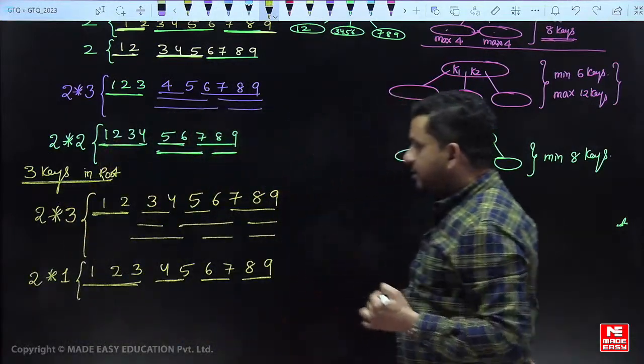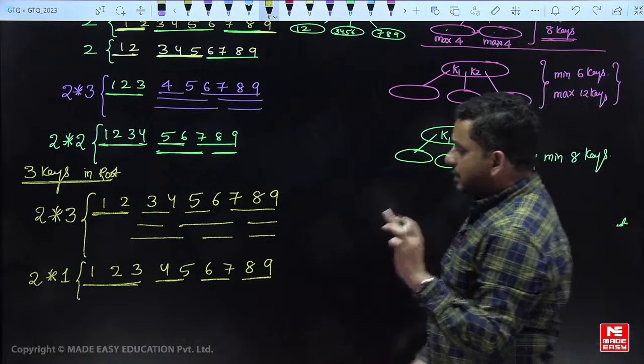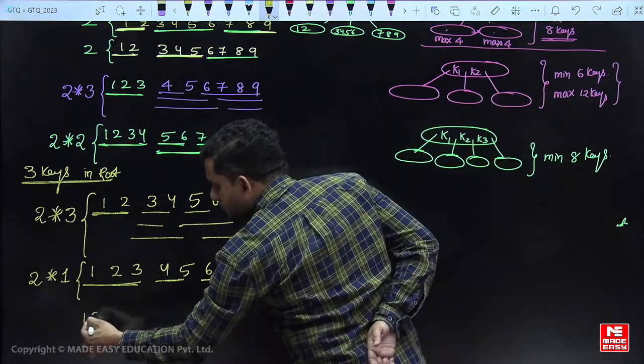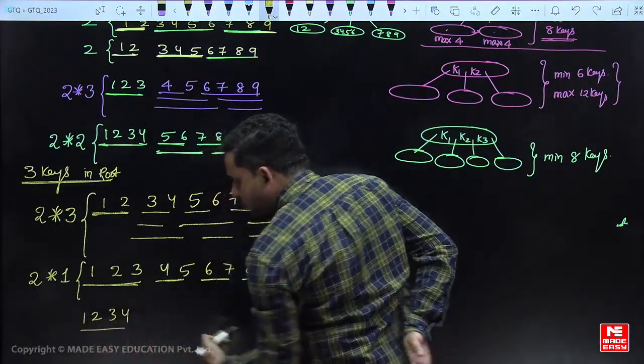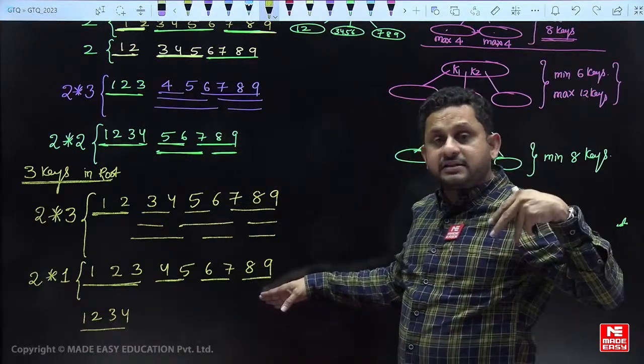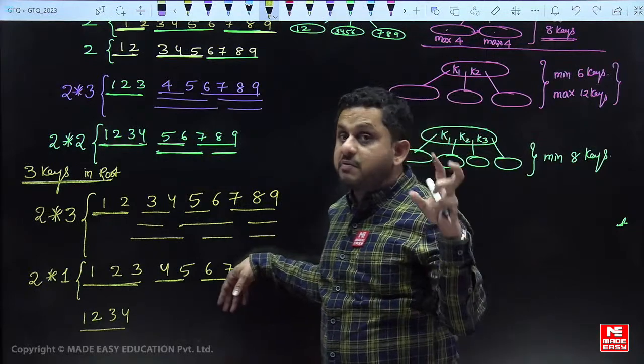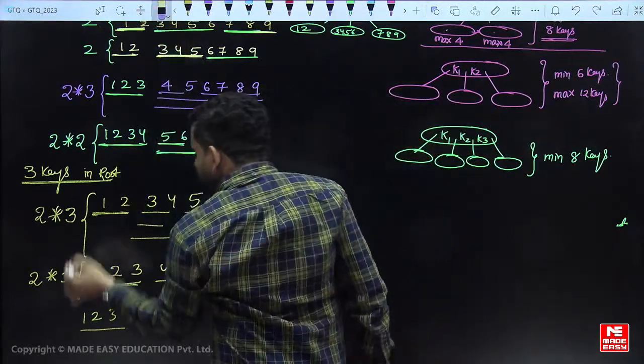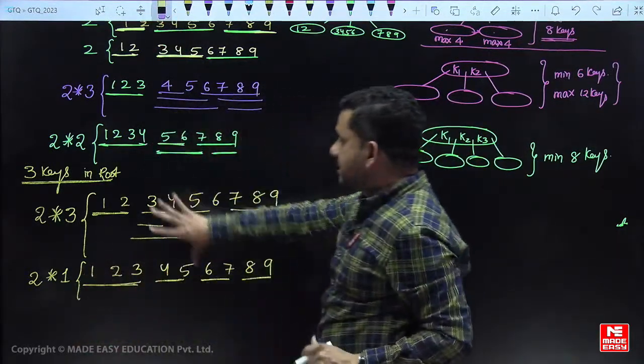If I take 4 keys in the first leaf node, only 5 keys remain for the 3 leaf nodes, which is not sufficient, as a minimum of 6 keys are required. So these are the possibilities for 3 keys.